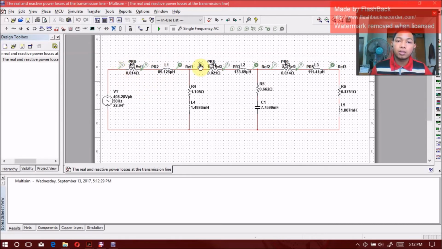The important part when you design this circuit is the positive and negative terminals for voltage, and you also need to know the direction of the currents when you put the ammeter in the circuit. After you decide all the voltage meters and ammeters, you just need to run it.